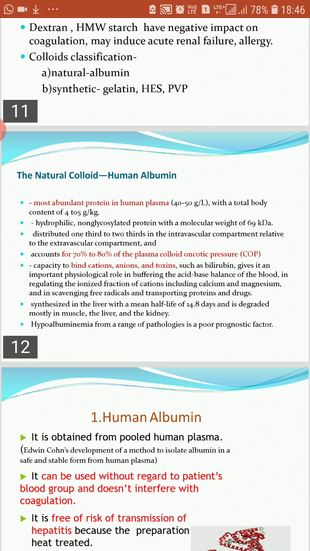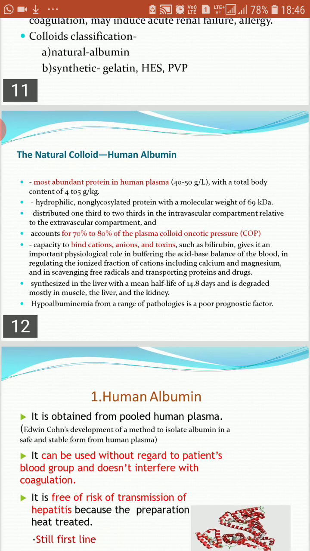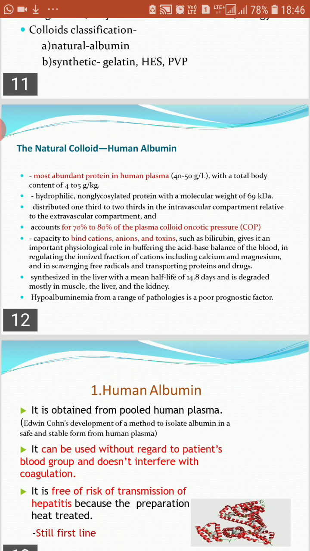Another advantage is it has a longer mean half-life of 14.8 days. So it's longer acting. And it is used for the prognosis also. If the albumin level is decreased, it indicates certain pathologies, because mainly it is synthesized in the liver. So probably the liver is not functioning well.